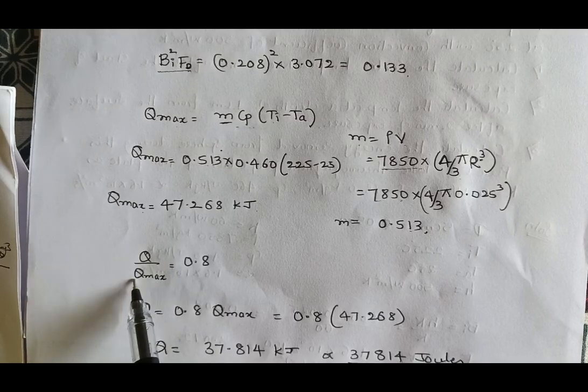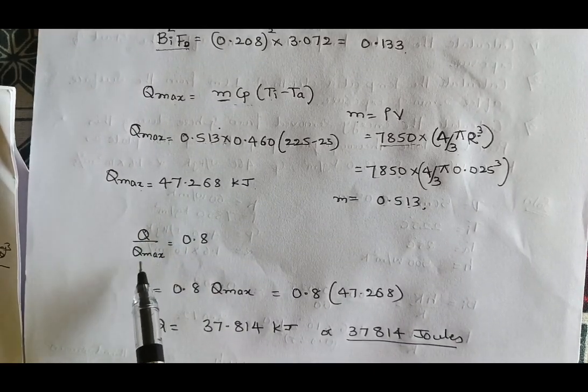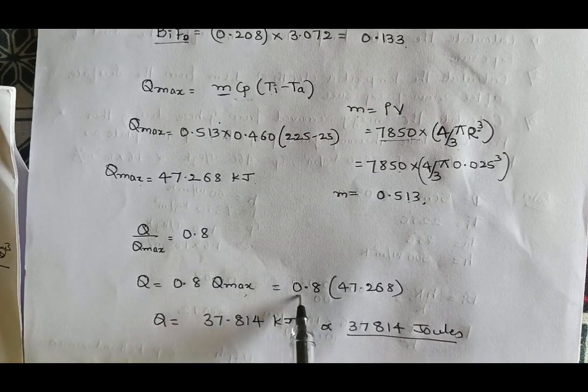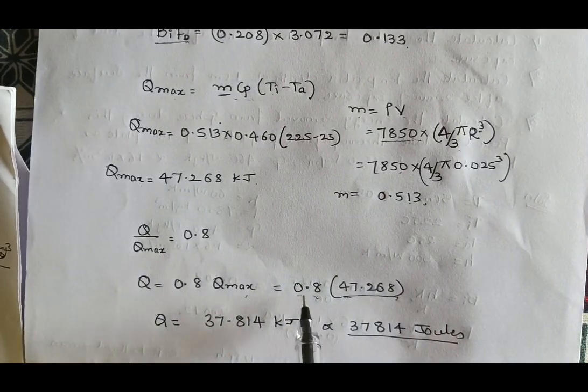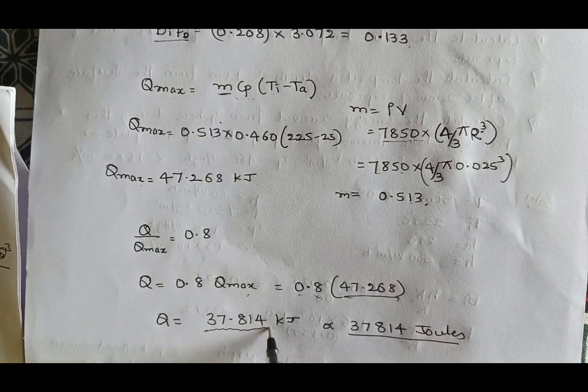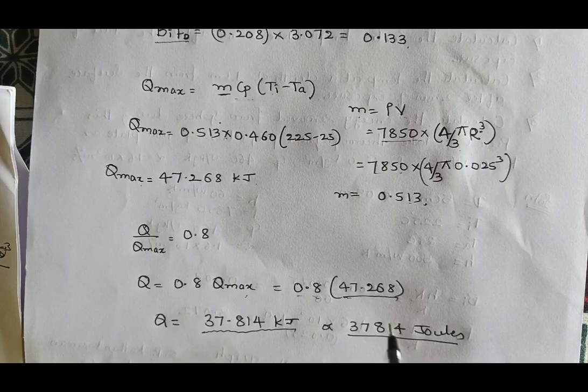So therefore this Q divided by Q maximum equals 0.8. So therefore this Q equal to 0.8 into Q maximum. Q maximum value already we have calculated. So this Q is equal to 37.814 kilojoules or 37,814 joules.